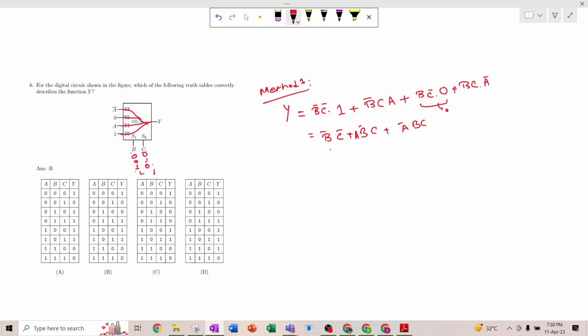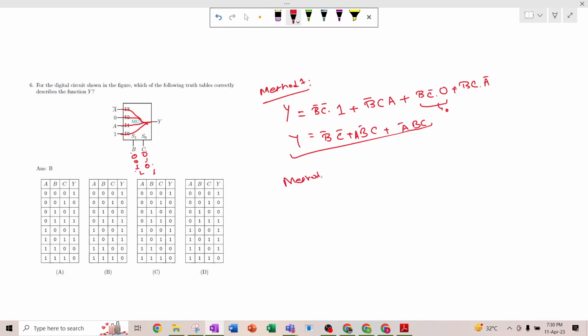Now you have to do the analysis, like if we put 0 0 0, then what the output will come, if we put 0 0 1, then what will be the output. So you have to do this extensive analysis to get the correct option or the correct truth table. Okay. So this is method 1, but I will do method 2.